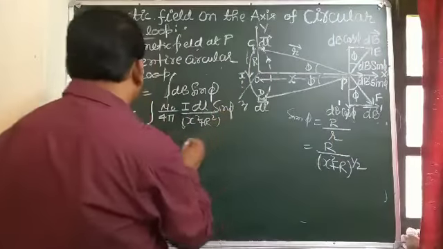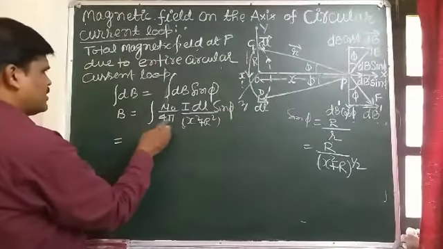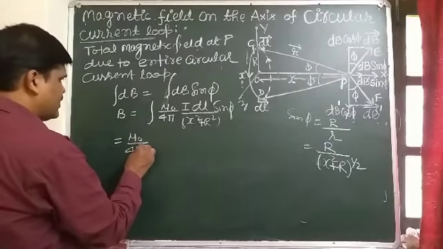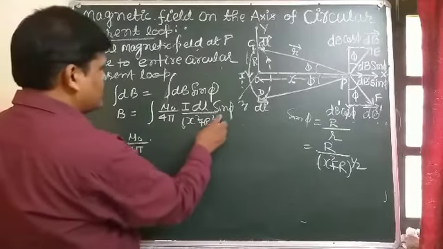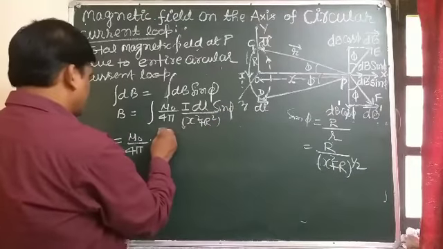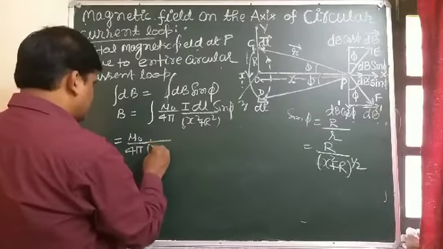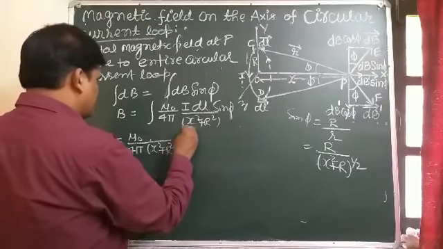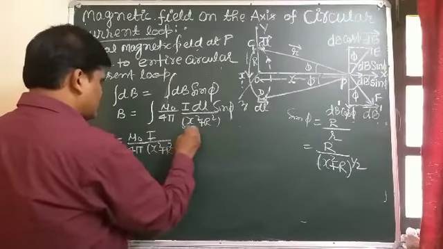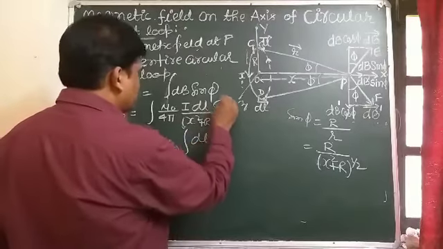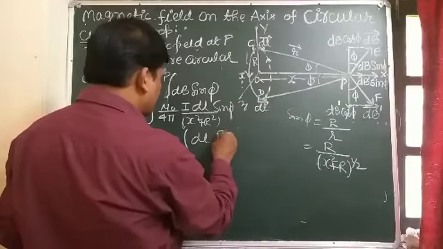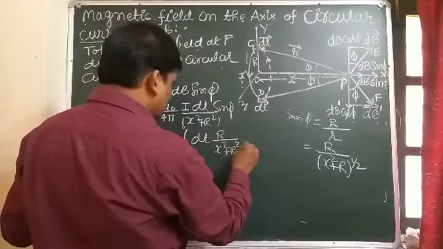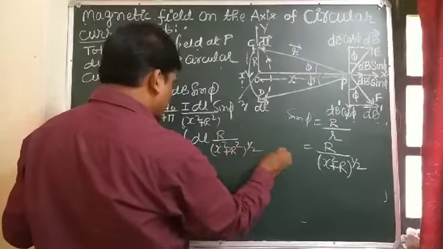So put the value of sin phi here, taking this mu naught by 4 pi outside of the bracket, with I dl by x square plus r square.